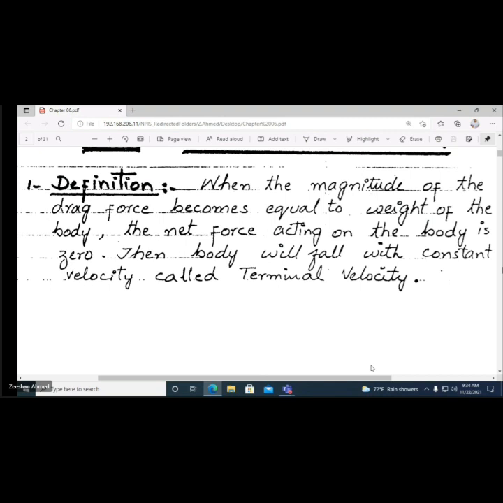The opposite force will act in the upward direction, and that opposite force is called the drag force.